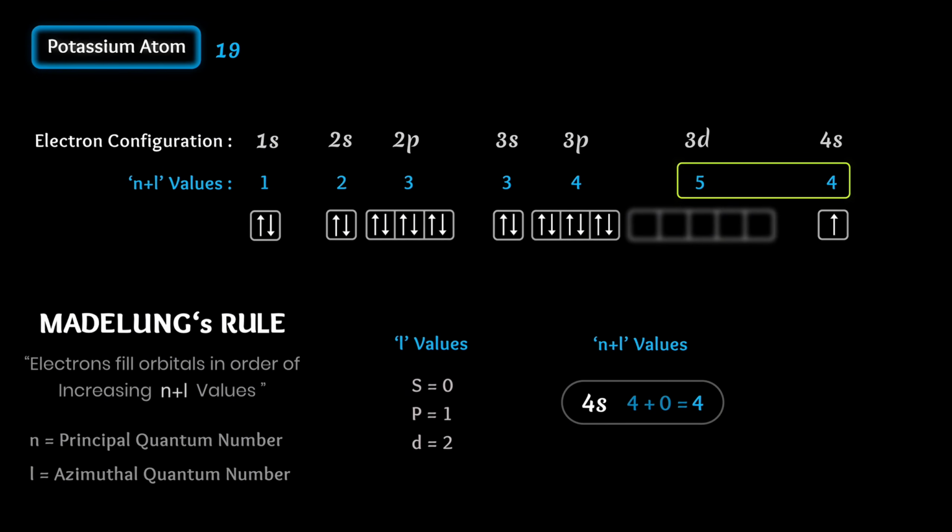This means electrons start filling the fourth shell even before the third shell is completely occupied. Therefore, the electron configuration of a potassium atom is 1s, 2s, 2p, 3s, 3p, 4s. The one remaining electron after the 3p orbital goes into the 4s orbital rather than the 3d.